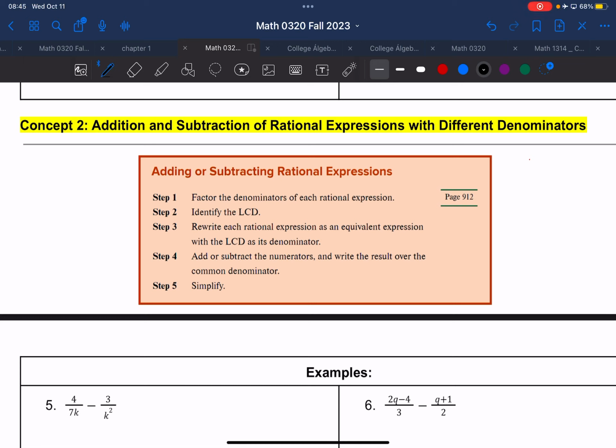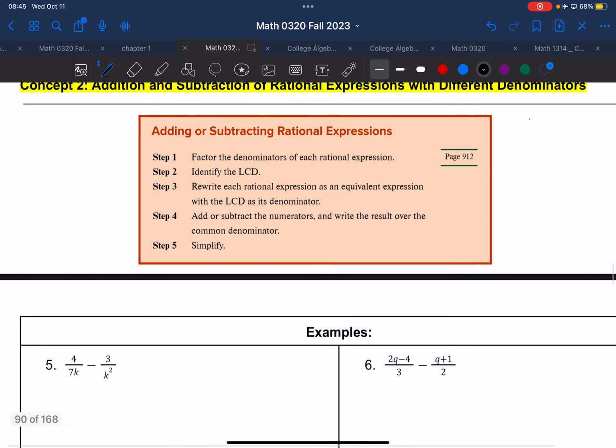So if you had like 1/2 and 2/4 or something like that, you had to get the common denominator of 4. So we're going to be doing the same thing here, getting that common denominator before we add or subtract our numerators. That's pretty much what this whole thing is saying here. Got to get a common denominator.